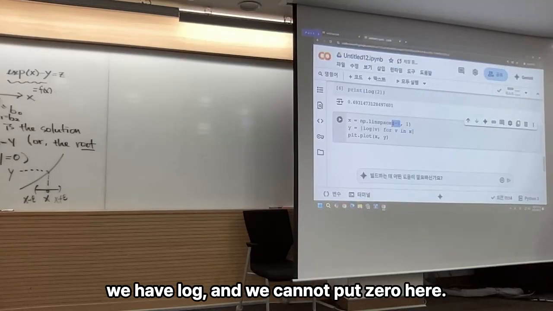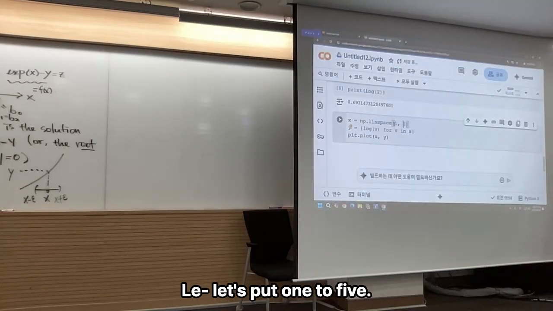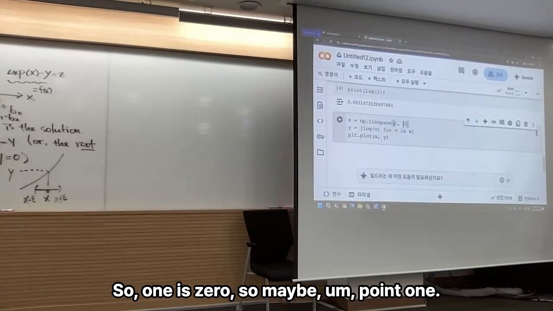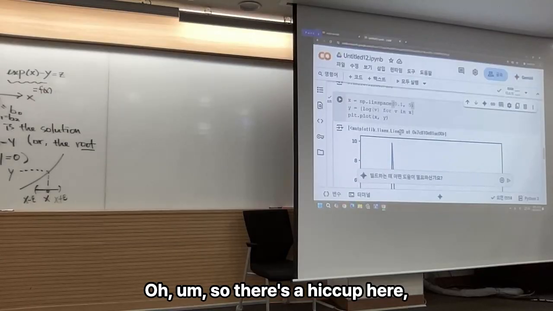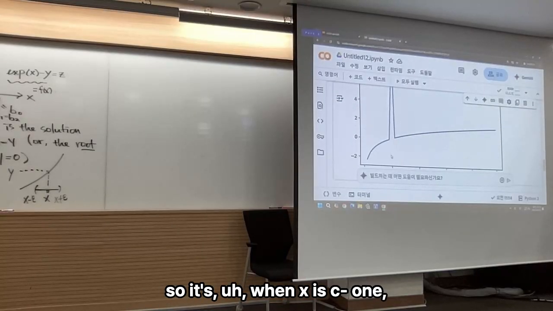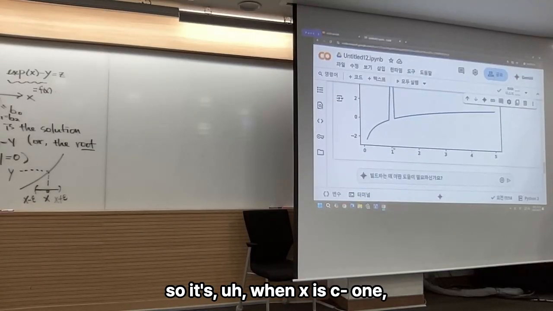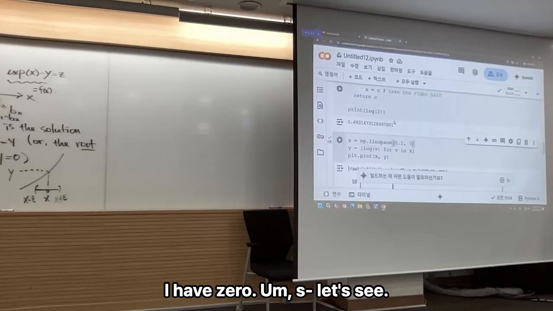And we cannot put 0 here. Let's put 1 to 5. So 1 is 0, so maybe 0.1. So there's a hiccup here. When x is 1, I have 0.